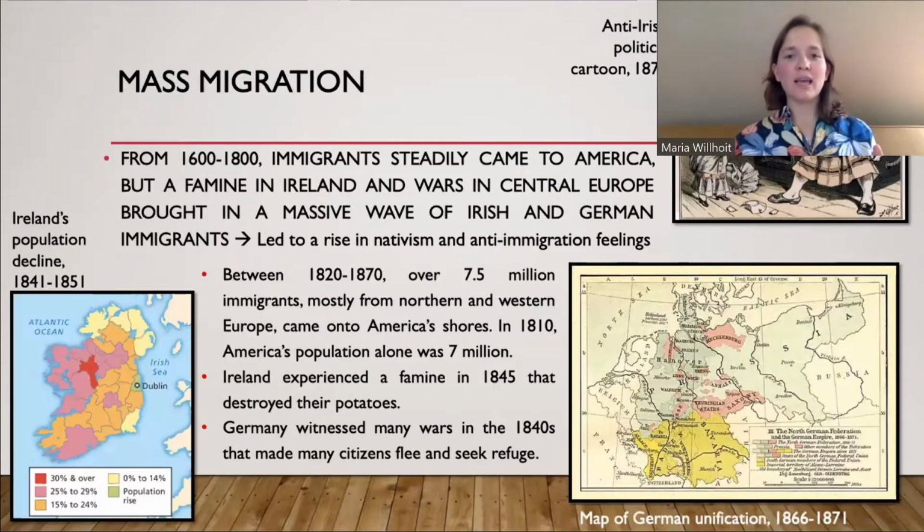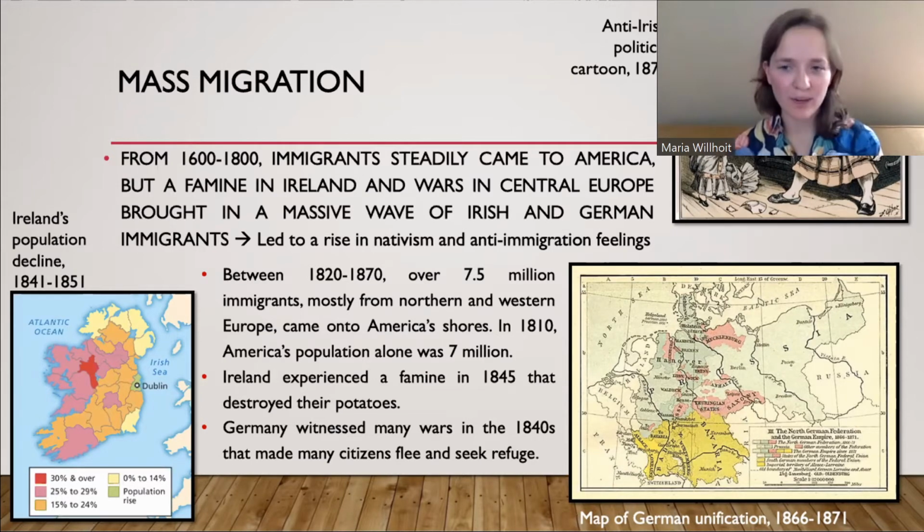And really, it's in the middle of the 1800s that we see the first wave of mass migration in America, where it's an incredible amount of people. It's almost just as much as the domestic population already. And the two biggest groups that come in the first wave of immigrants are the Irish, specifically Catholic Irish, and German immigrants.